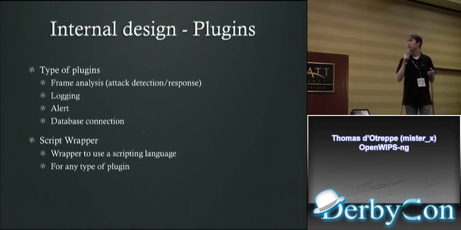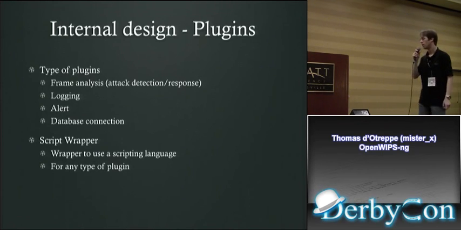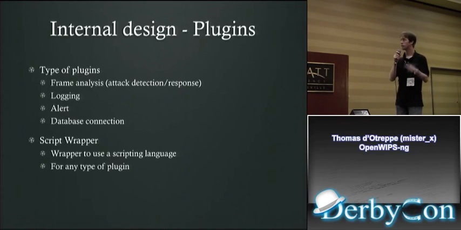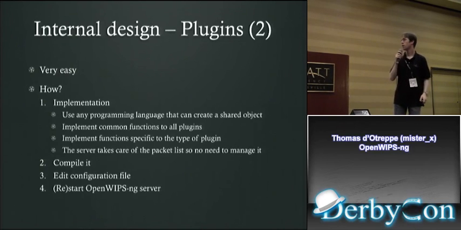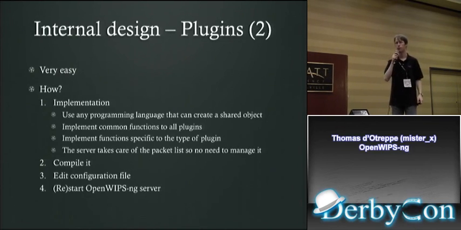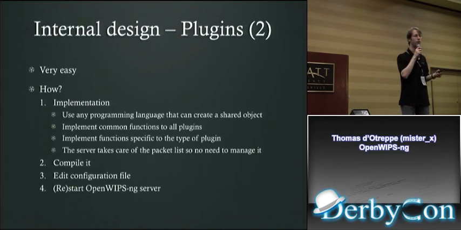The plugins, as I said, there are a few different types, and a script wrapper that lets you use a scripting language to quickly write a plugin, and that works for all 4 types of plugin. So it is very easy to make a plugin. You just have to use any programming language that lets you create a DLL or shared object.